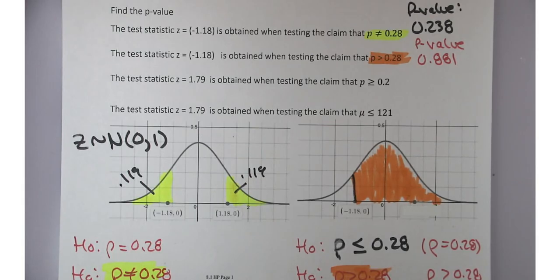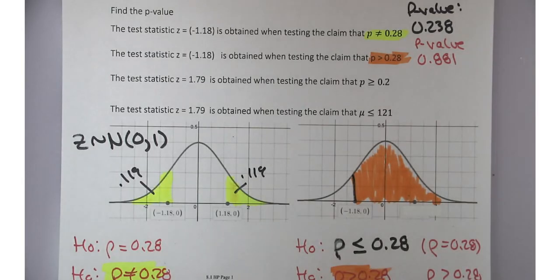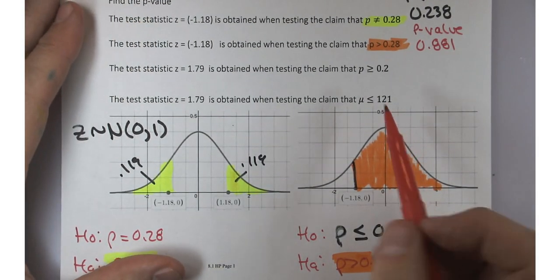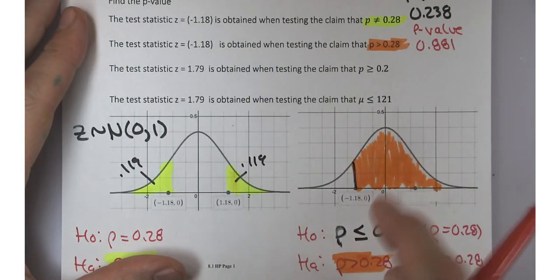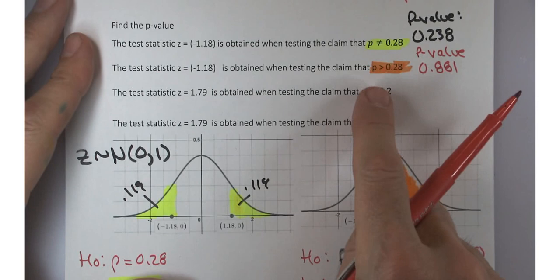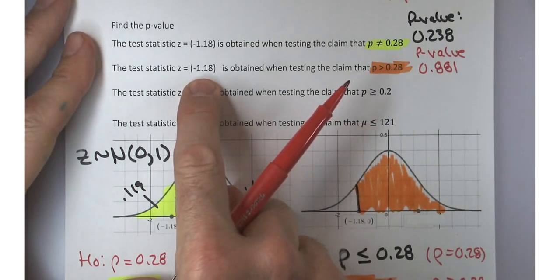Let's flip it over to the back. Are we okay with these first two examples here? Yes, please. How did we know to use this first point versus the second point? There's really one z-score, and it was z equals negative 1.18.